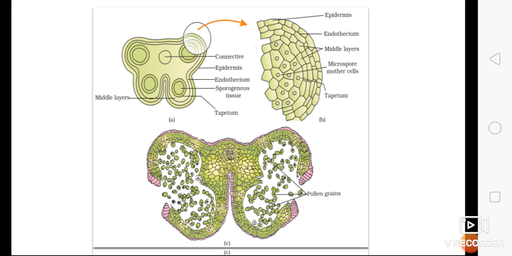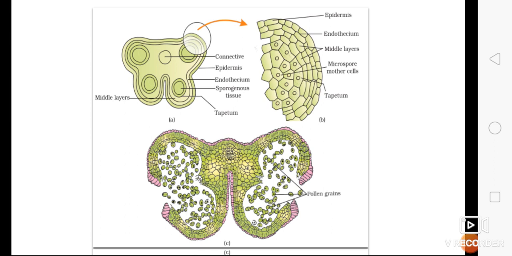They undergo division to form haploid microspores. So if diploid cells produce haploid cells, you know the type of cell division required, it is meiosis. So the cells of sporogenous tissue undergo meiosis and haploid microspores are produced. This process is called microsporogenesis.